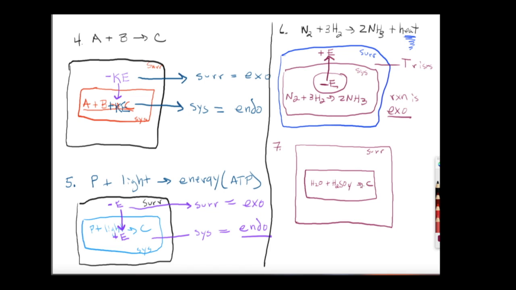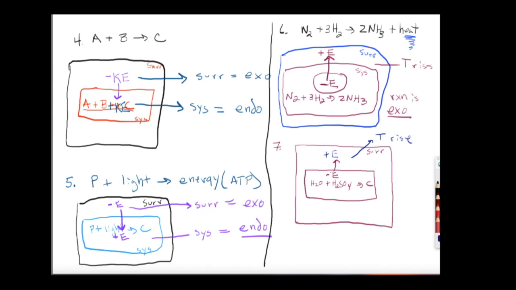And it is producing energy, right? So again, like in the last problem, the energy is going to immediately leave the system, and it is going to enter the surroundings. And in this scenario, like in the last one, what's going to happen is the T is going to rise.